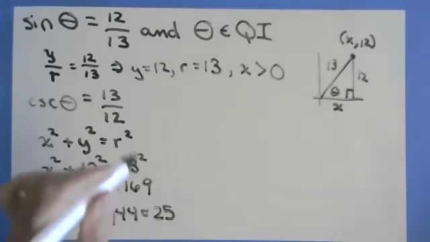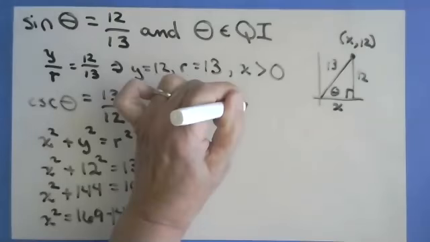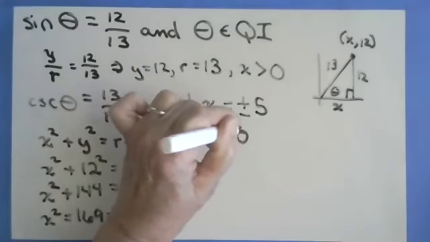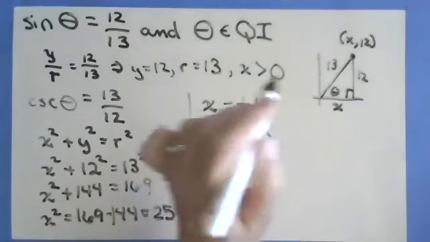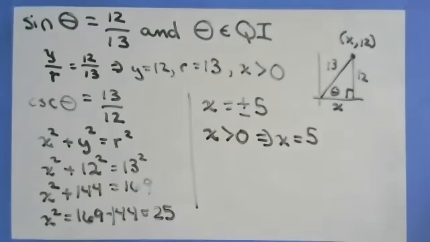That's 25. That tells us that x is plus or minus 5. We know that x has to be greater than 0 because of quadrant 1, so that tells us that x is equal to 5.